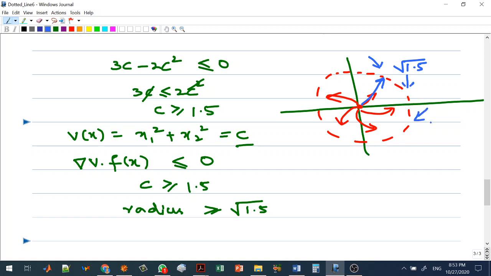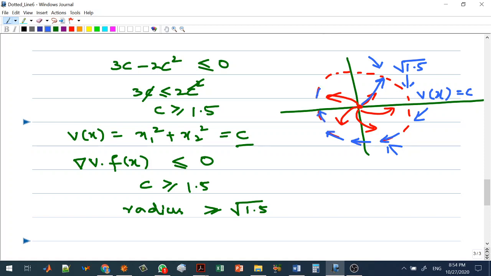So if we conclude that outside this region the trajectories are pointing inward, and within this region there is an unstable focus due to which the trajectories are emanating away from the origin, then we can safely conclude that this region, V of x equal to c with a radius of square root of 1.5, is the point where the trajectories actually become tangent to this circle and keep moving here.